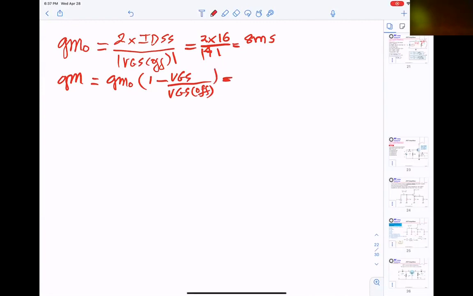Okay, for mine I get 2.28. How much is VGS?